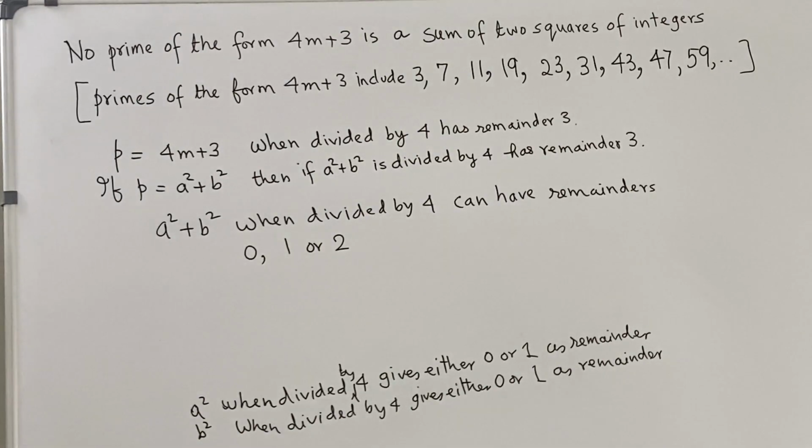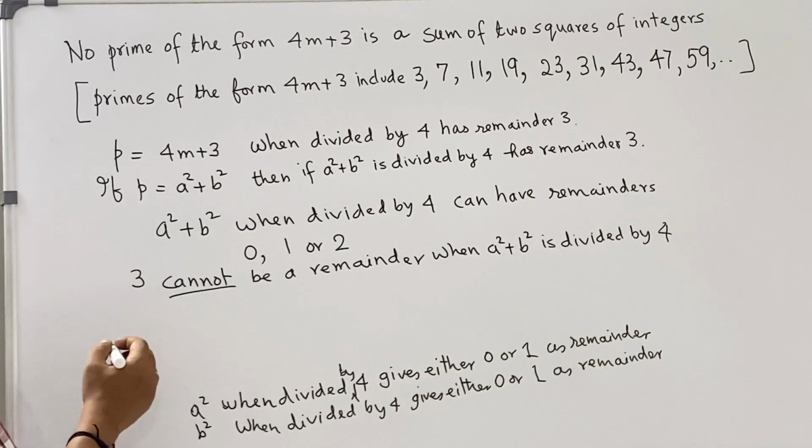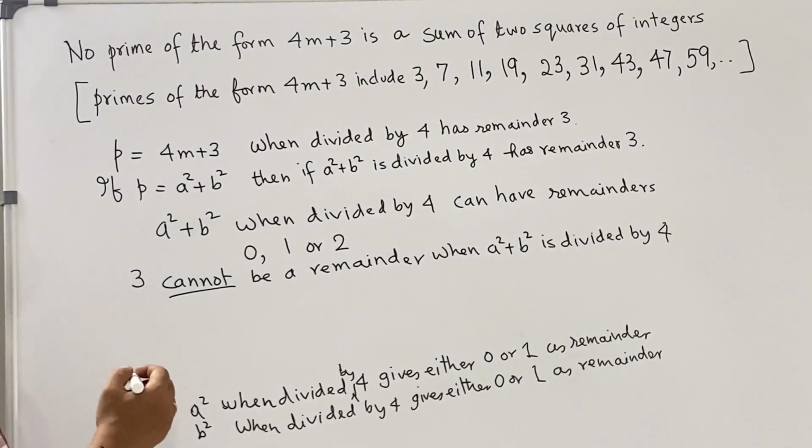Note that 3 cannot be a remainder when a square plus b square is divided by 4. Thus, we cannot write p as a square plus b square, because p when divided by 4 has remainder 3, and that proves our assertion.